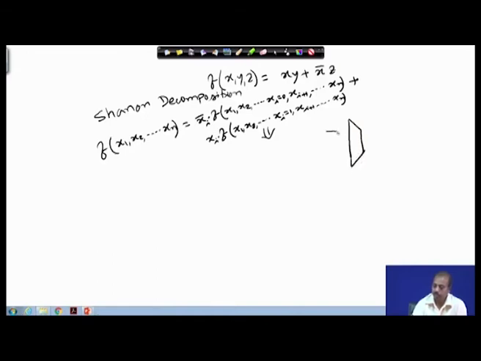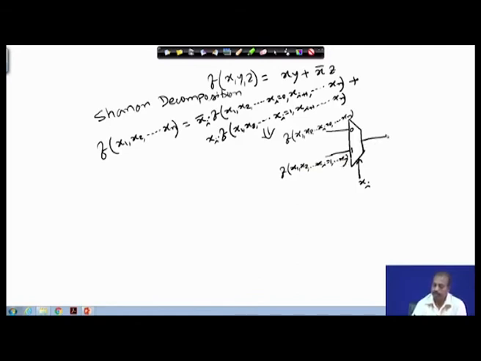So, this is the input 0, this is the input 1, and in the select line I apply the variable xi. When xi equal to 0, here I have to somehow realize the first function, x1, x2, xi equal to 0, up to xn, and here I have to realize the function x1, x2, xi equal to 1, xn.